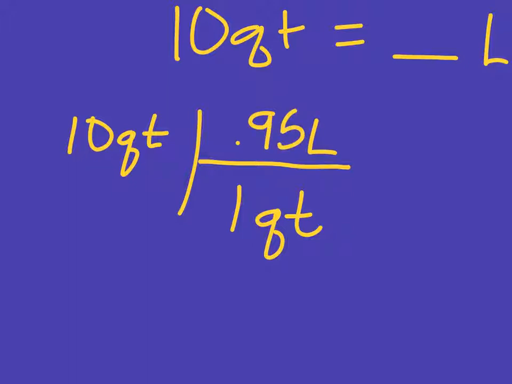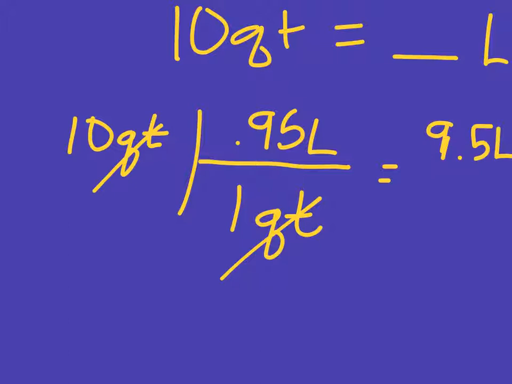So what I need to do is multiply across 10 times 0.95 and then divide by 1. 10 times 0.95 is equal to 9.5. My quarts have canceled out. If I've done that right, one will be on top, one will be on bottom. They'll cancel. 9.5 liters should be my answer.